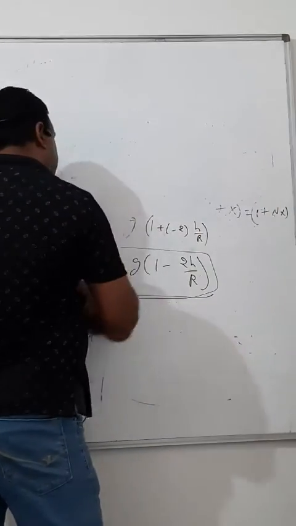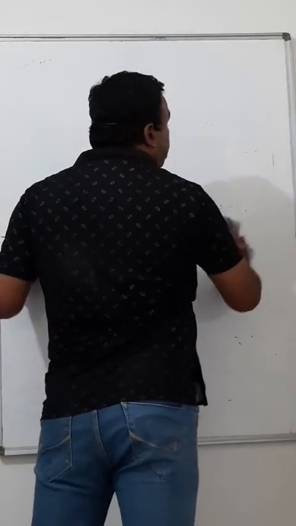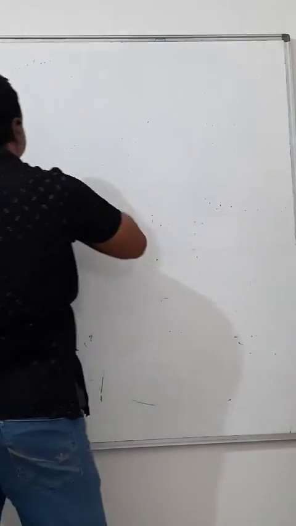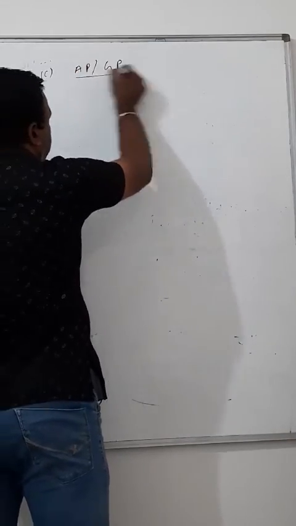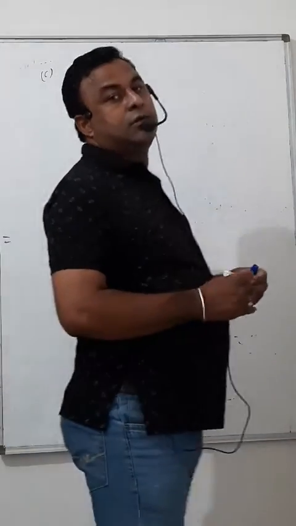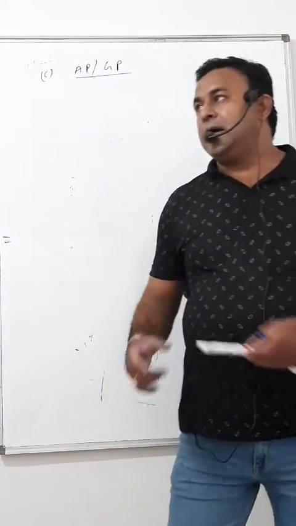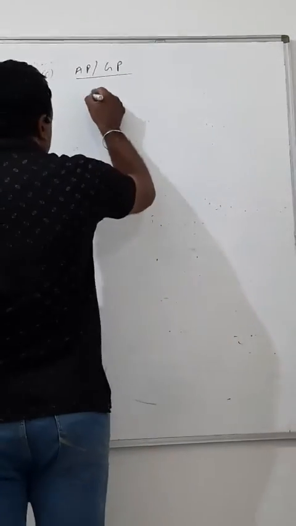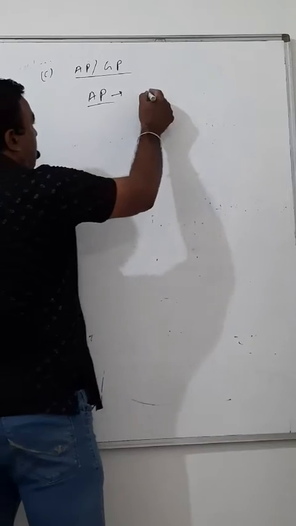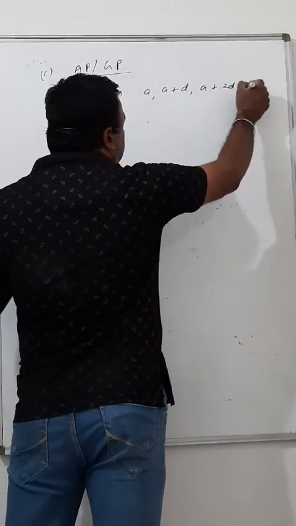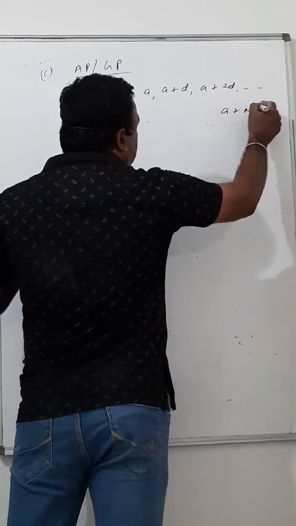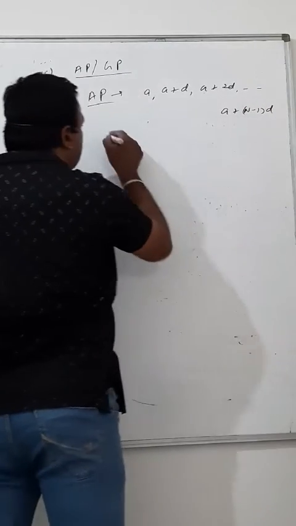Third important point from algebra. See, AP, GP: arithmetic progression, geometric progression. Arithmetic progression, I recall: a, a + d, a + 2d, and so on, up to a + (n - 1)d.